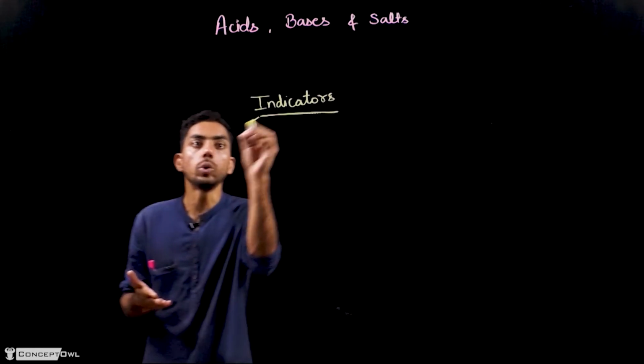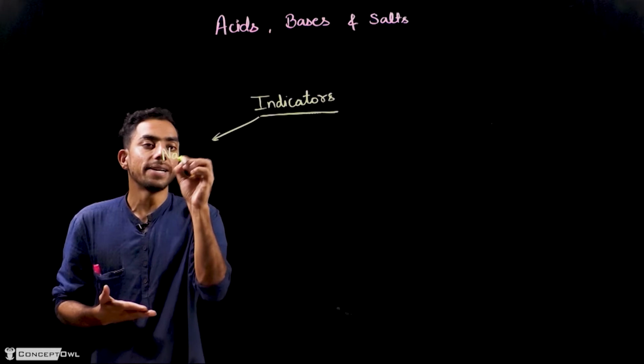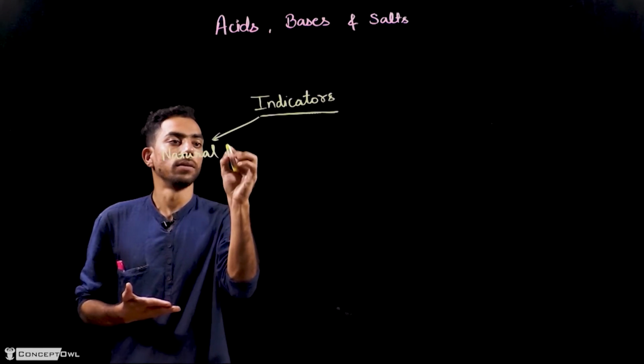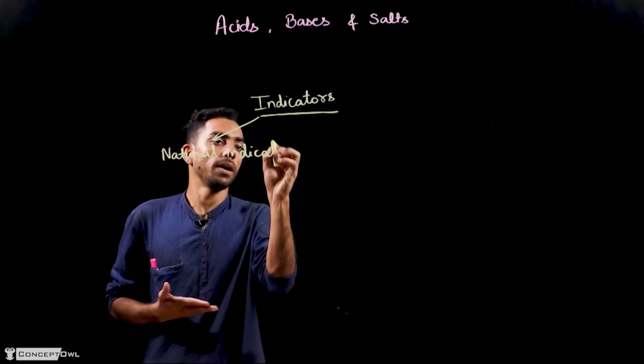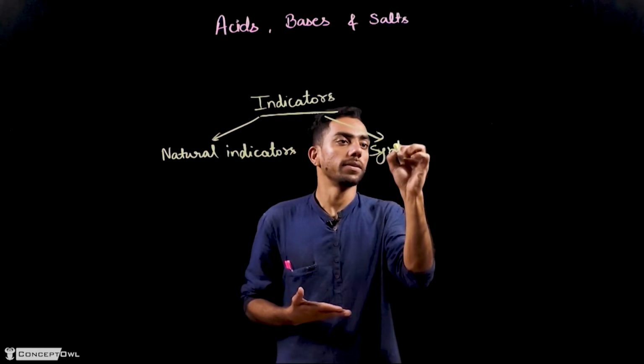You can have two types of indicators: natural indicators and synthetic indicators.